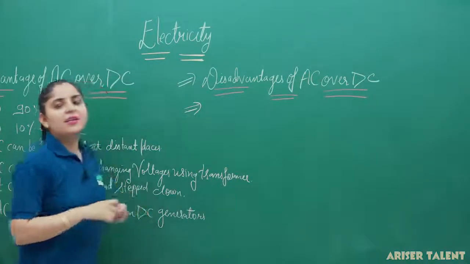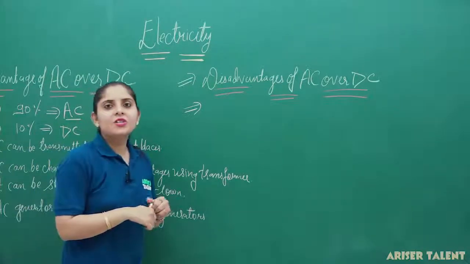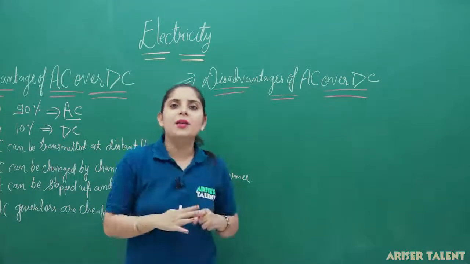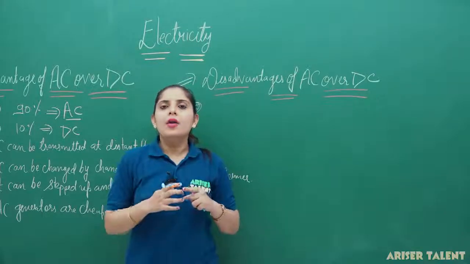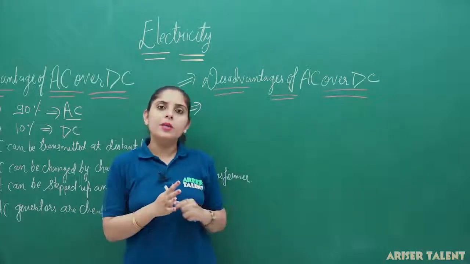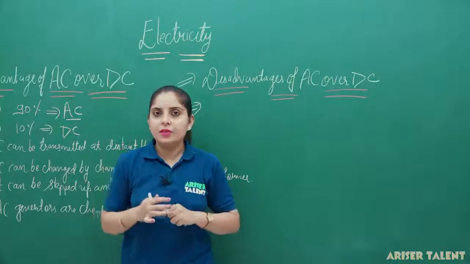The first disadvantage is that the processes we are generally using, like electrolysis, electroplating, or any other refining, cannot be used with AC, but can be used with DC.